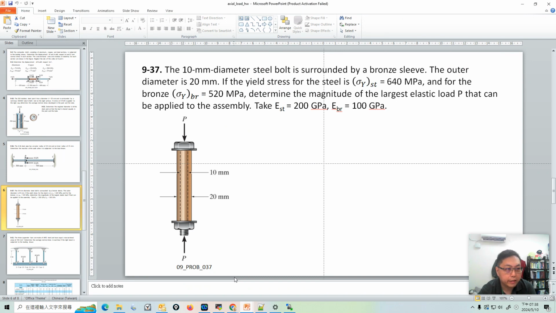You say there is a 10 millimeter diameter steel bolt. In this graph, the bolt is here, right at the center, and it's bracketed by the dash line. This steel bolt is a cylinder shape, and then there is a sleeve surrounding the bolt.